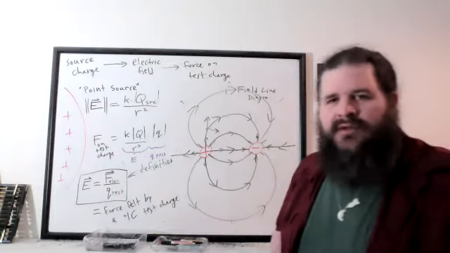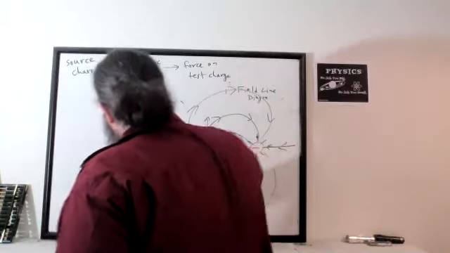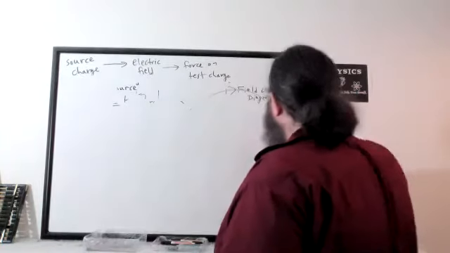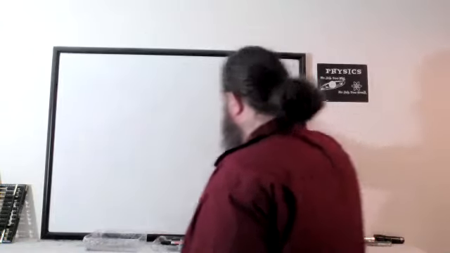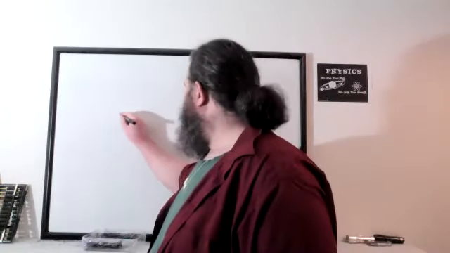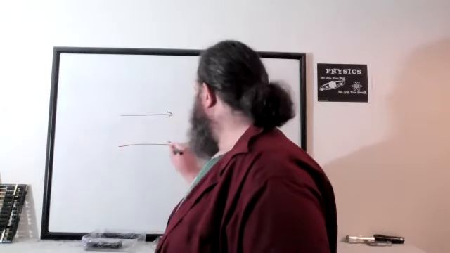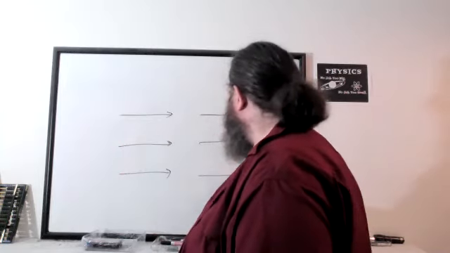All right, then let's take a brief look at potential also. Let's say you're in the presence of an electric field, and let's say we just have a constant uniform electric field, same electric field everywhere.